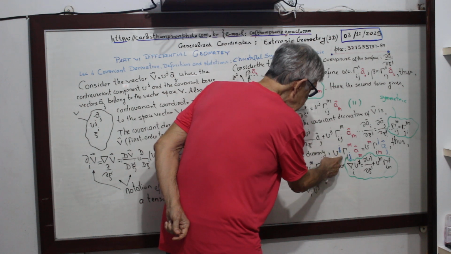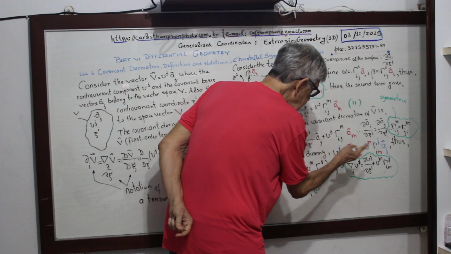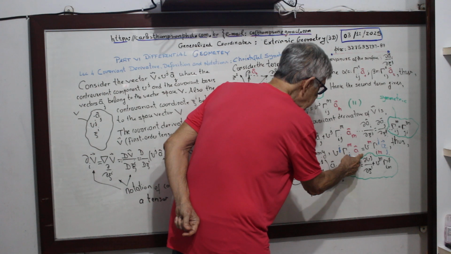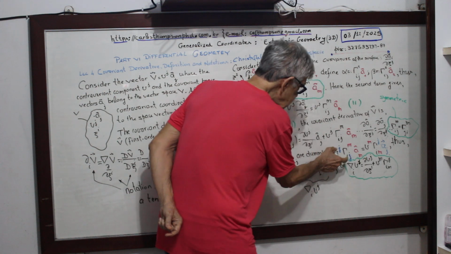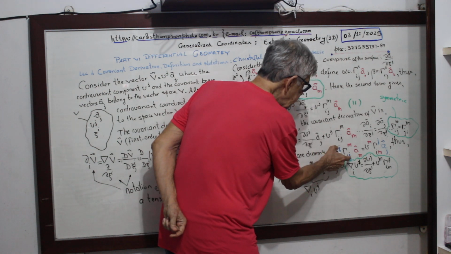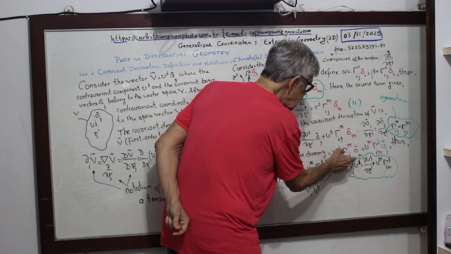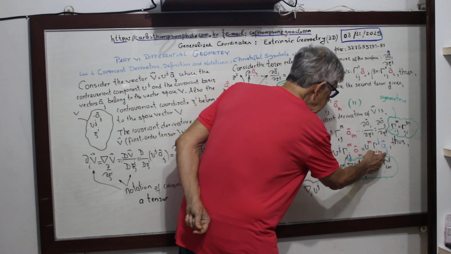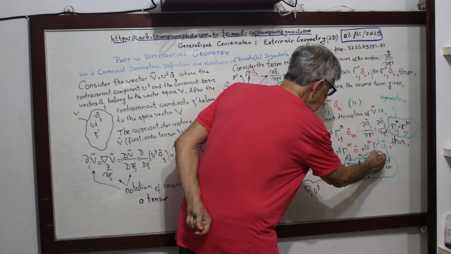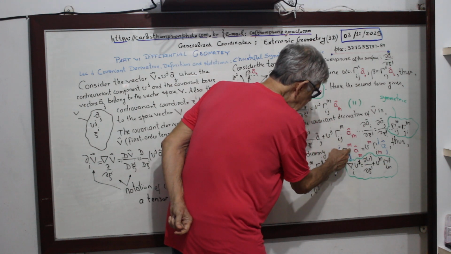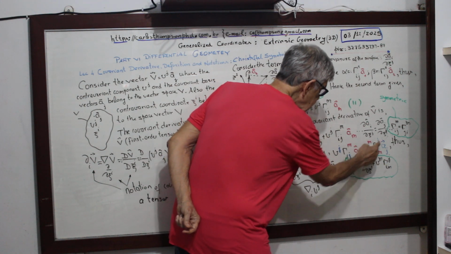You see, Vj gamma ij m. Look, this is j, the blue one. I can substitute Vj by Vm over here. Now, I can substitute m as j.